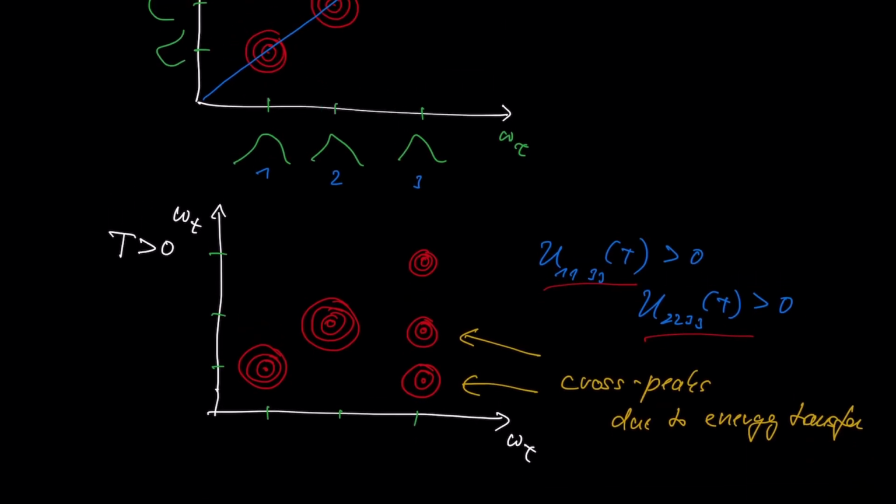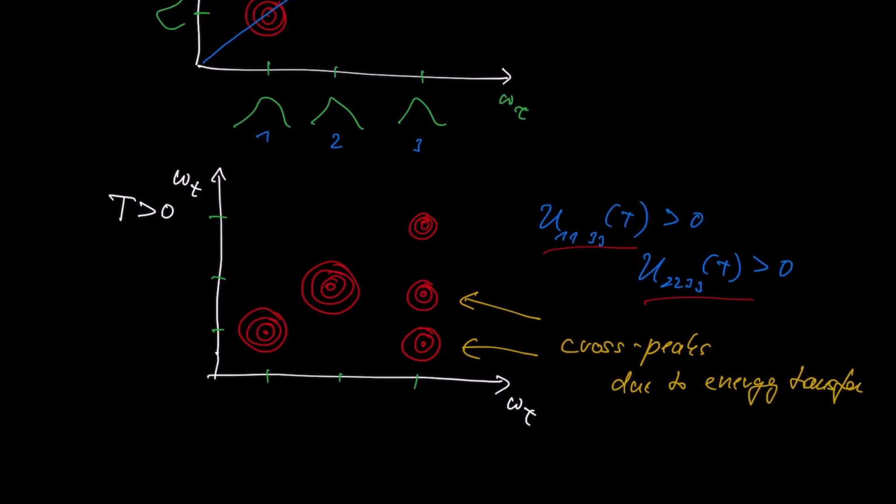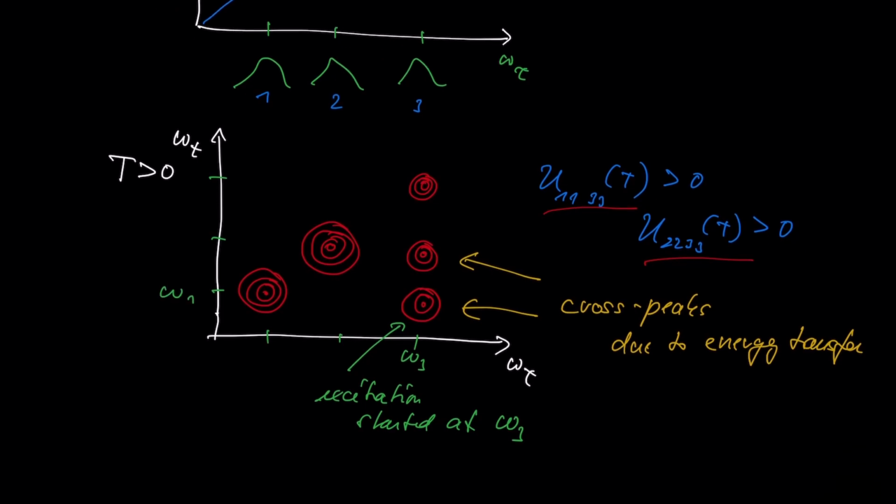And now you see that we have a correlation plot which tells us, for instance, in this case here, that the excitation started at omega 3, that's this, and the signal was emitted, or actually ended up, on omega 1.